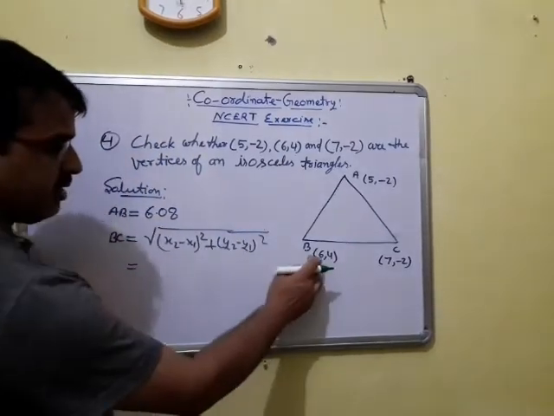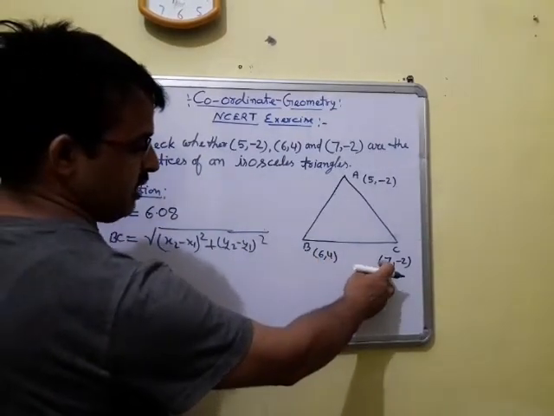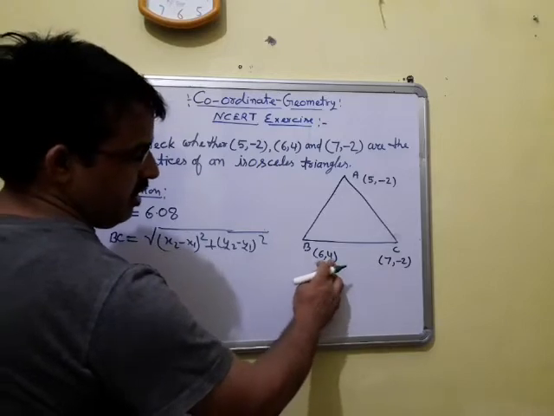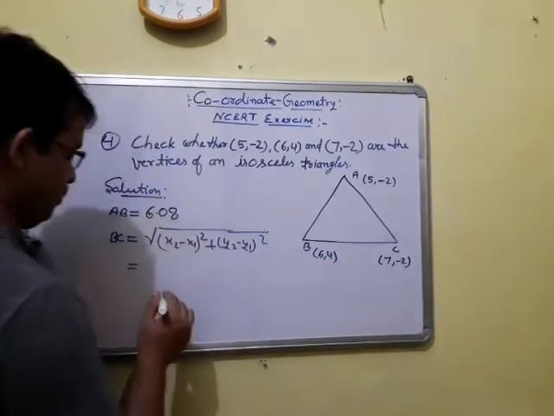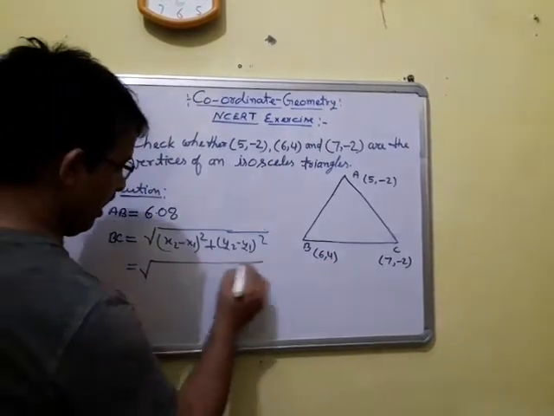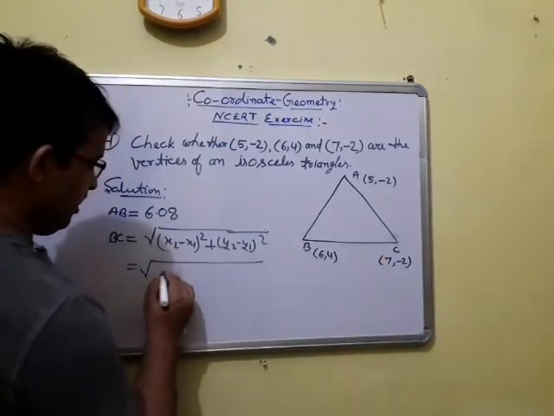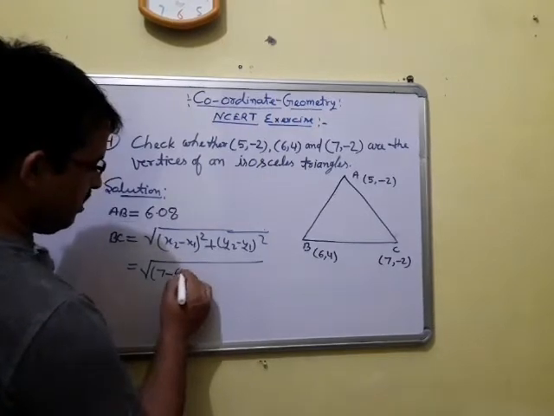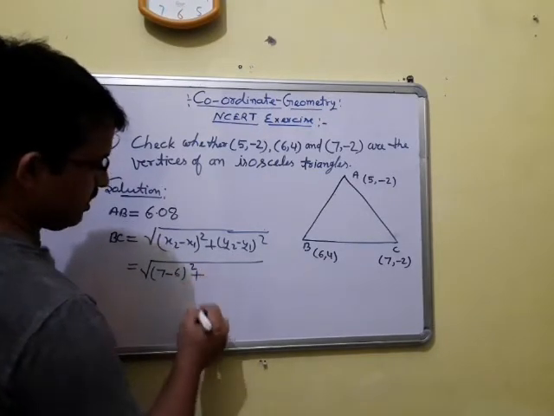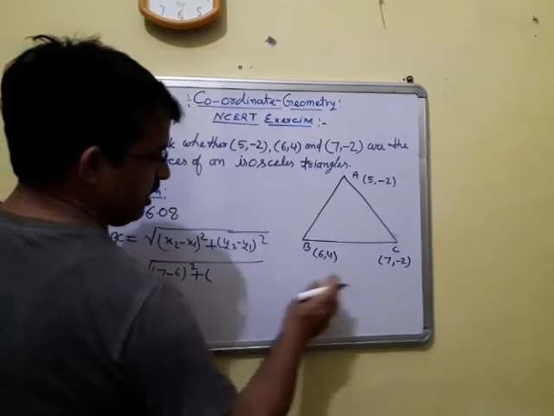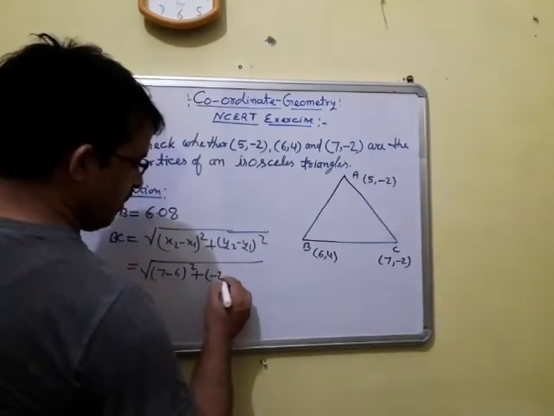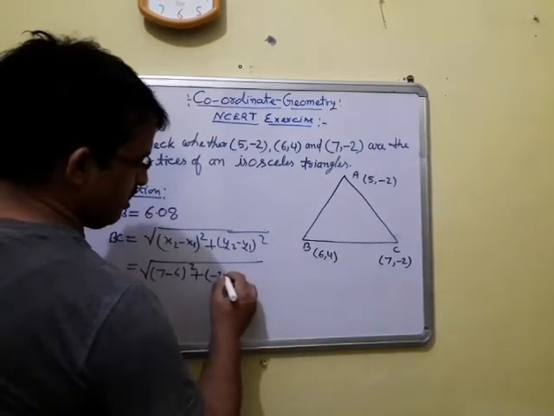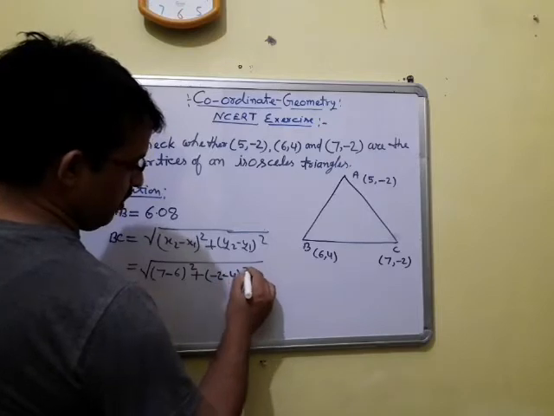Now look here, this one is x1, this one is x2, this one is y1, and this one is y2. Now put x2 as 7 and x1 as 6, whole square, plus y2 as minus 2 and y1 as minus 4, whole square.